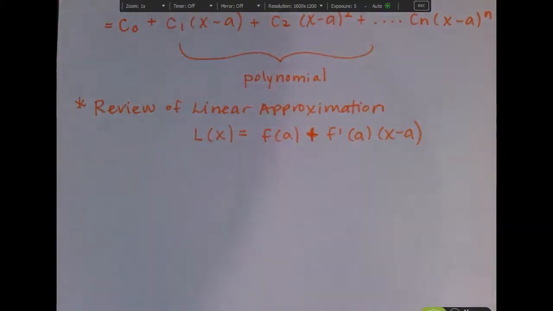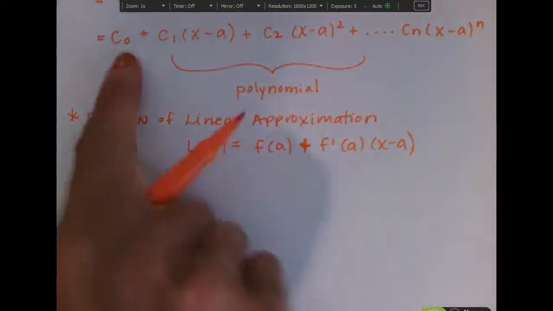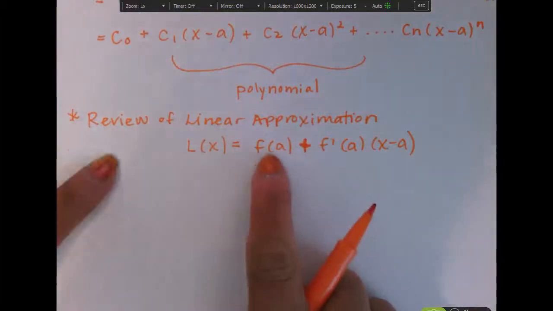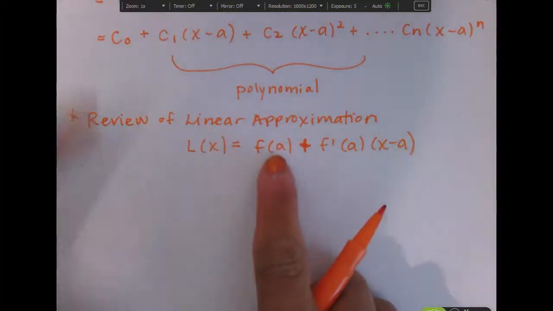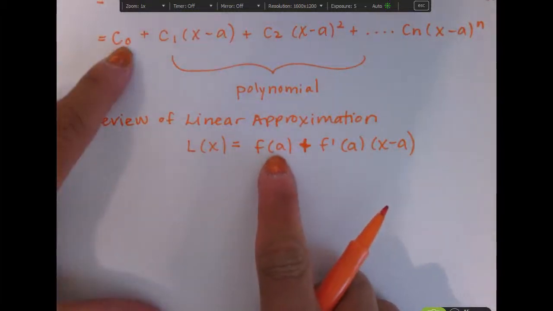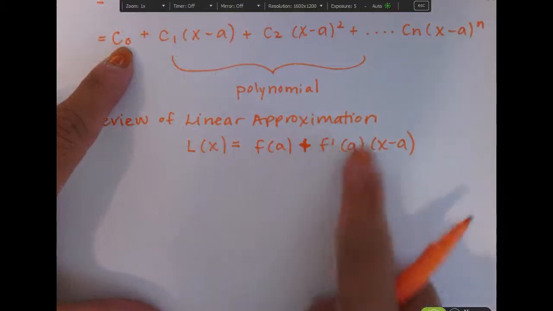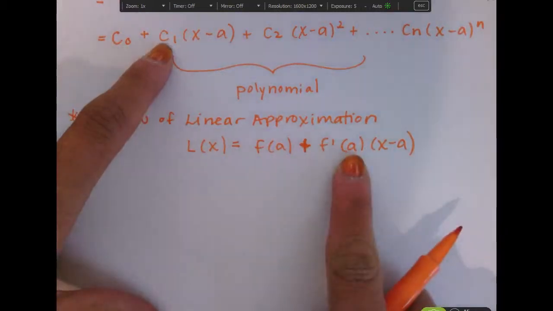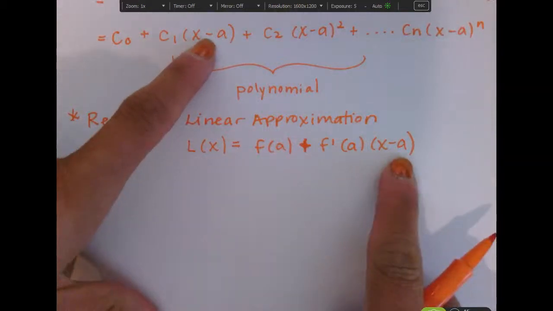And hopefully you can sort of see how this relates to what we have going on here, where we've got f of a being a numerical value or a constant, and then we've got f prime of a, which is again a numerical value corresponding to c sub 1 here, and then x minus a.